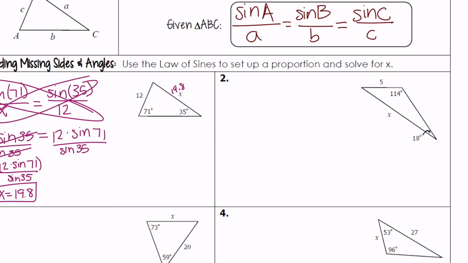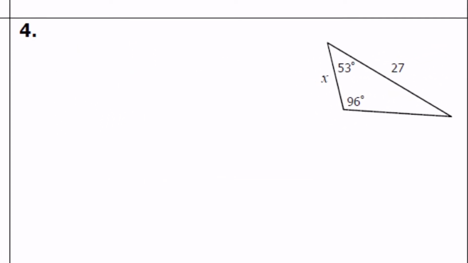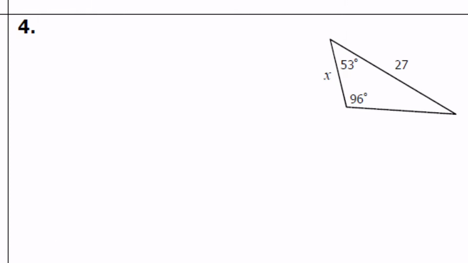I want to skip 2 and 3 for right now, and I want to look at number 4. All right. So here's my side I'm trying to find. But when I look for its opposite angle, I don't have that. So I need to find that first.